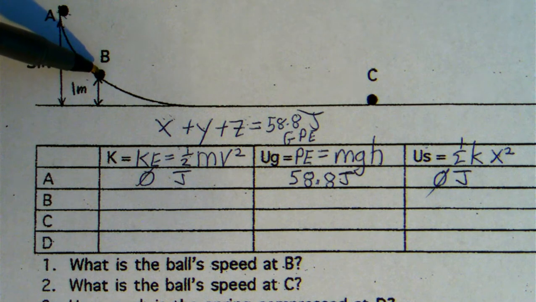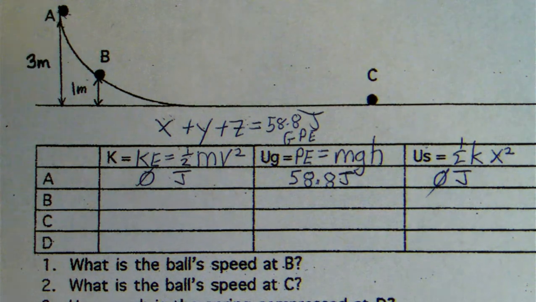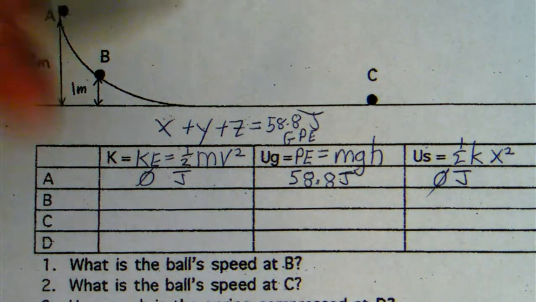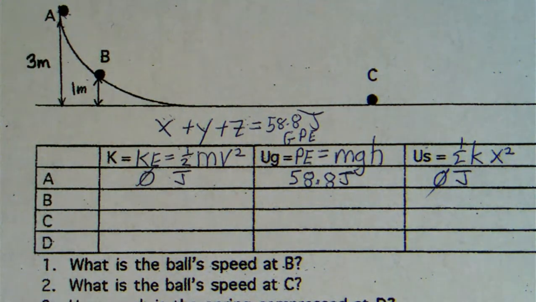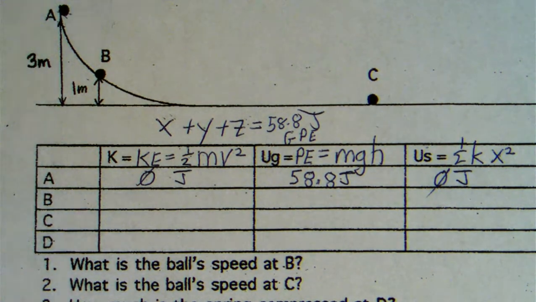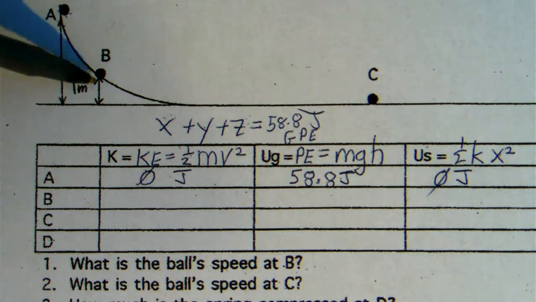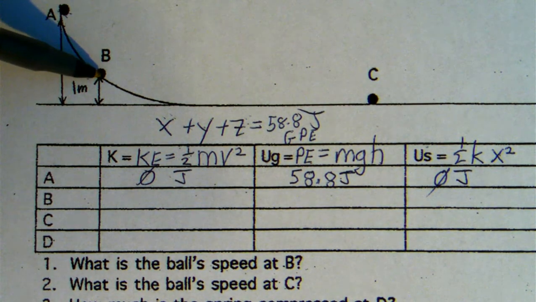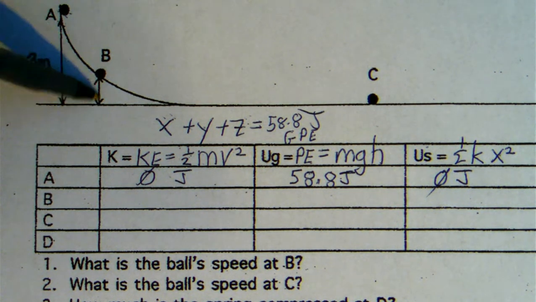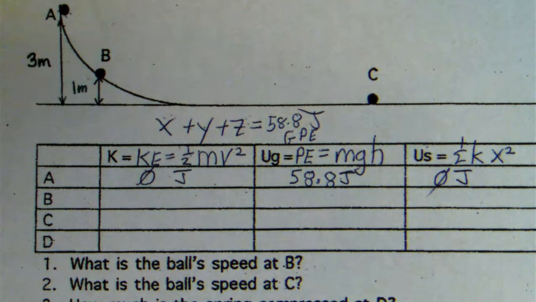Eric. I agree. Let's get on with it. Students, calculate the gravitational potential energy of this 2-kilogram ball that is located 1 meter above ground level.